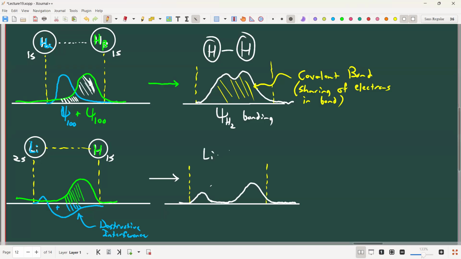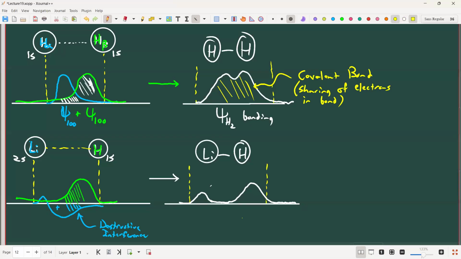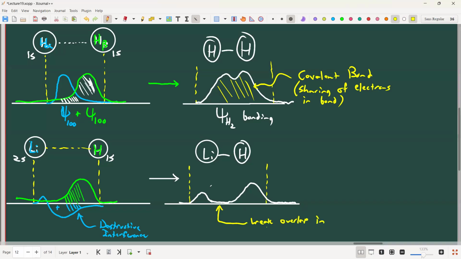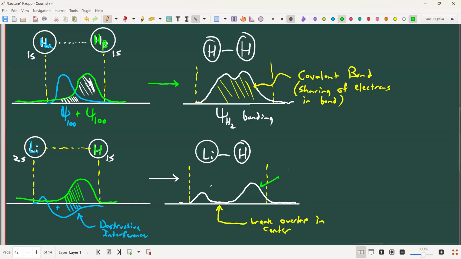This would be LiH. So we have weak overlap in the center, but notice we have high probability near hydrogen.